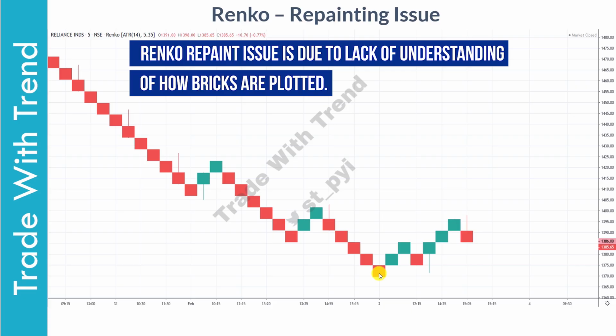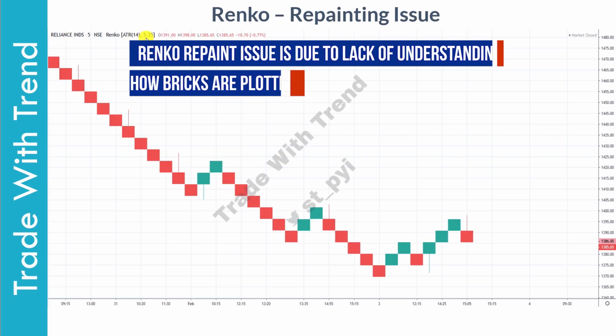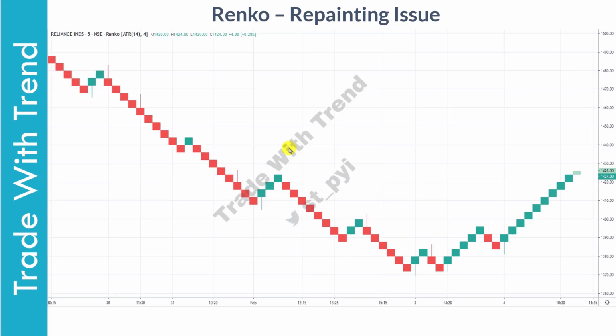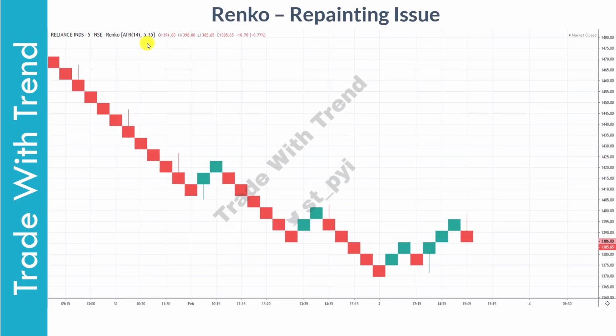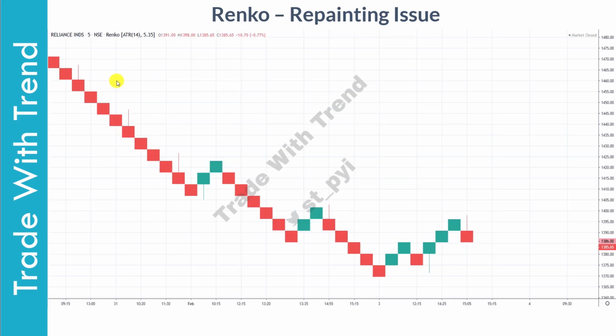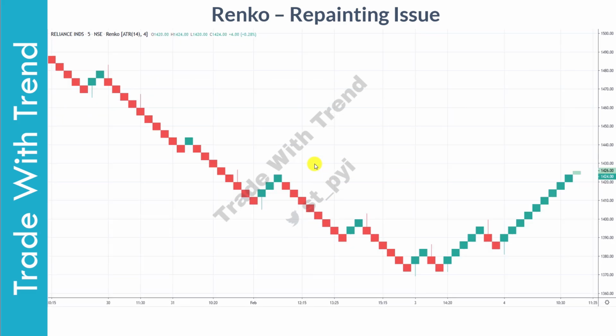The only difference being that when this chart was being plotted, the ATR value was at 5.35, and this was as of 3rd February that this chart is plotted. Now next session on 4th February, as Reliance started moving higher, the ATR value actually changed from 5.35 to 4. And look what happened. This entire structure of this Renko chart now changed to this particular structure.